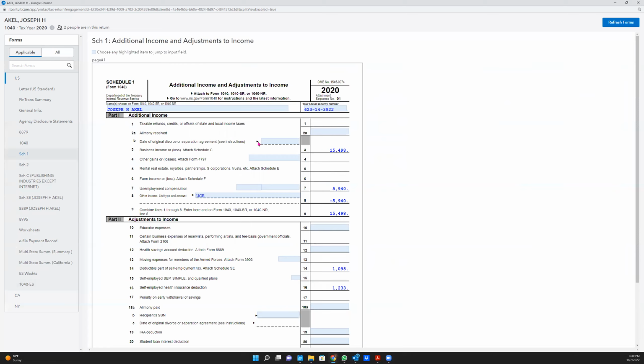Because into Schedule 1, you will see that business income or loss, and see how it says attach Schedule C, that's where that flows, okay? Naturally, because we are talking additional income, okay?